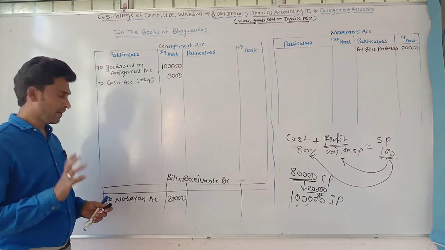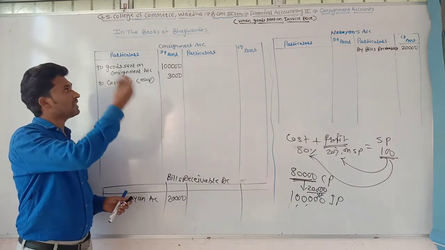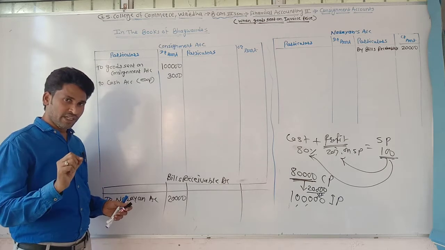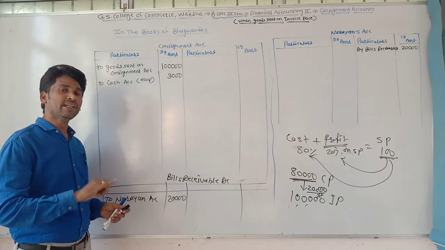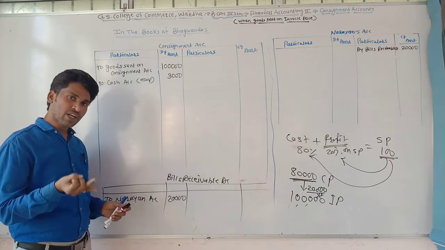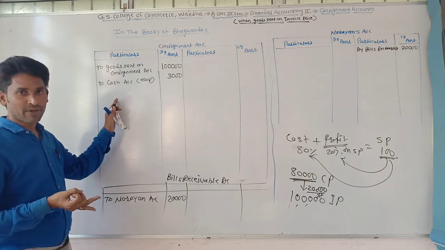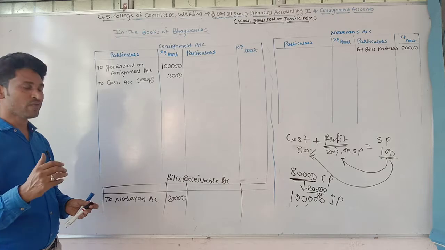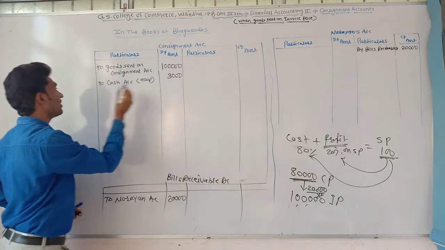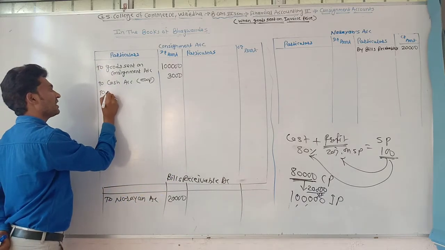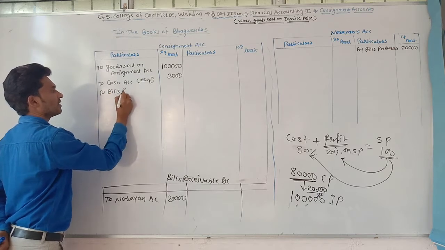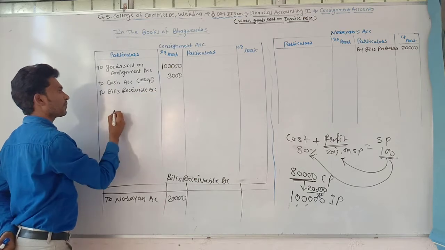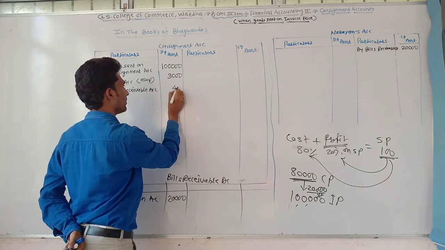Once again, repeating the journal entry: when Bhagwan Das discounted the bill from the bank, it passed the journal entry, cash account debit rupees 19,600. For the discount, consignment account debit rupees 400, and bills receivable has gone out, so bills receivable account credit for rupees 20,000. So write at the debit side of the consignment account: by bills receivable account rupees 400.